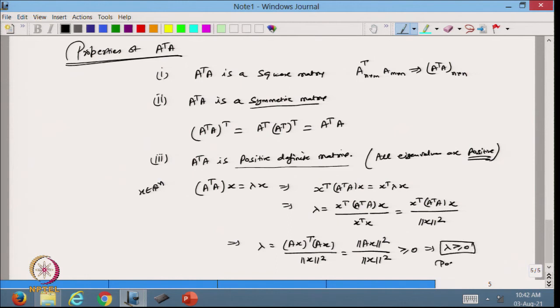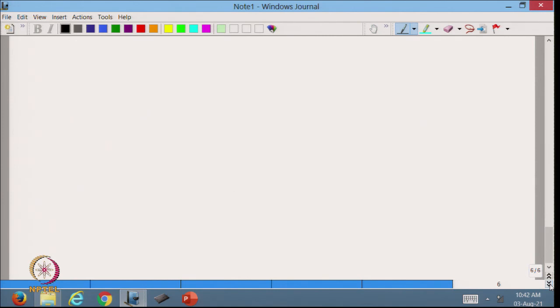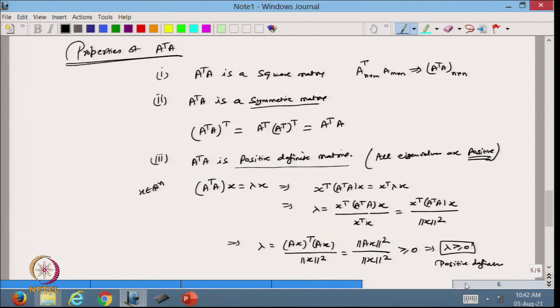So it is a positive definite matrix, and this will be 0 only when Ax equals 0, otherwise it is never equal to 0. After showing that this is positive definite, we want to discuss another important result. So this is the third property.